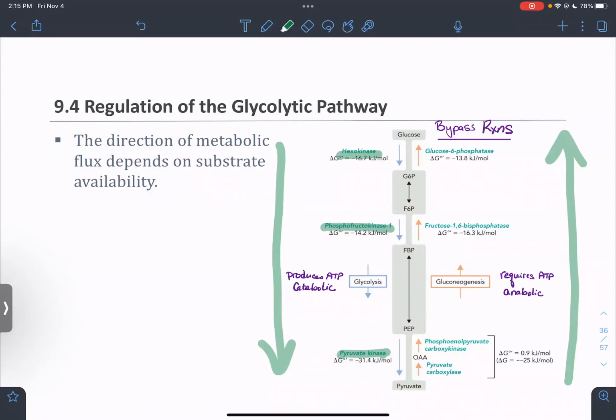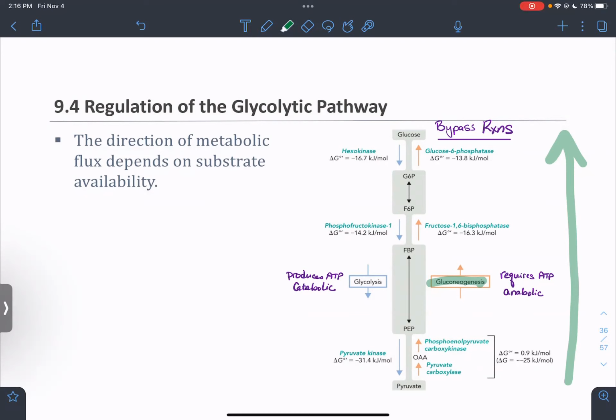We've talked about glycolysis over and over again, but what we really haven't talked about too much is gluconeogenesis. It's not really the reverse, but it's sort of the reverse of glycolysis. It requires ATP and it's anabolic, whereas glycolysis produces ATP and it's catabolic.